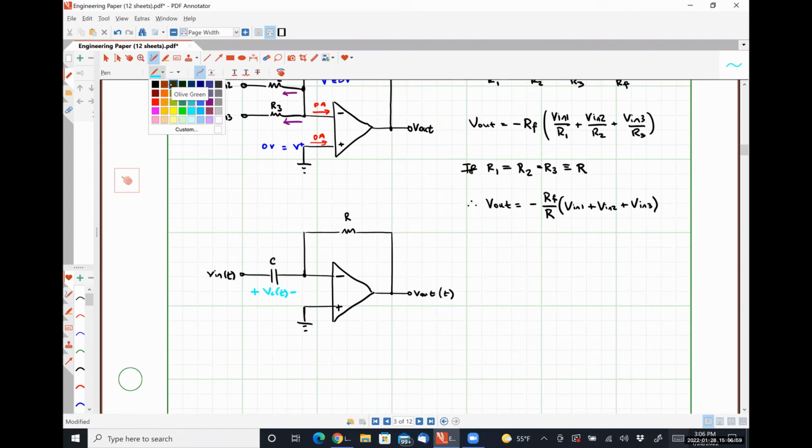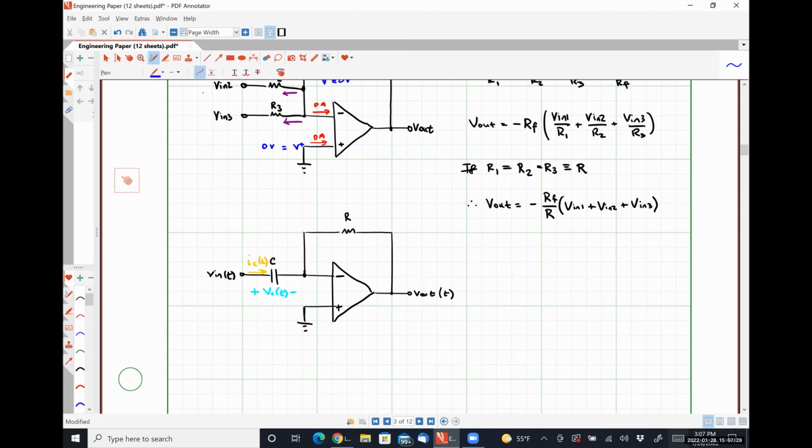And I'm going to call this current Ic. So before we start on our analysis here, what's the relationship between Vc of t and Ic of t?